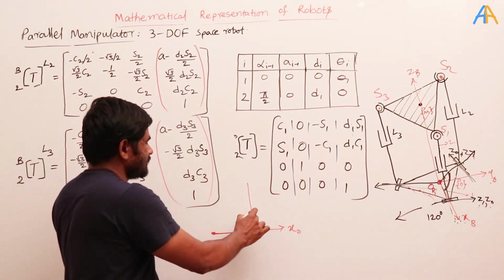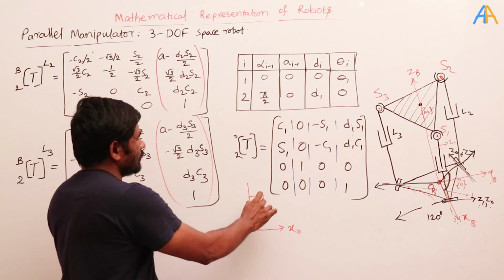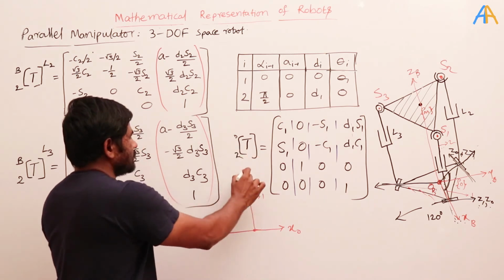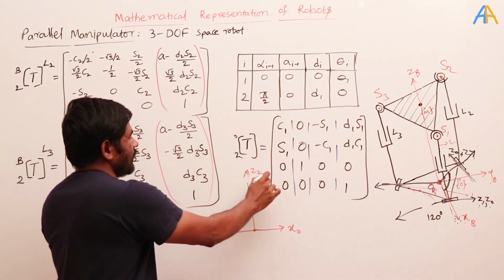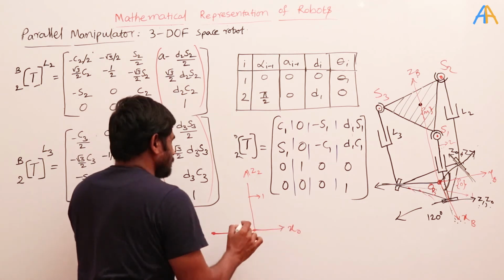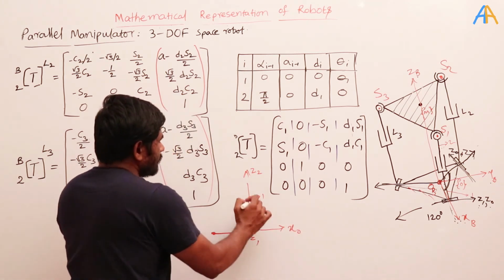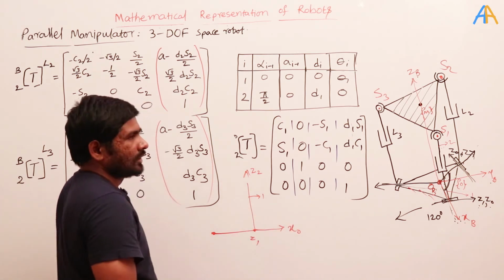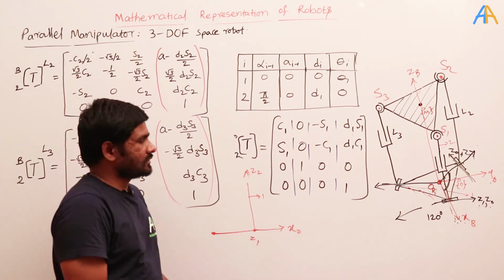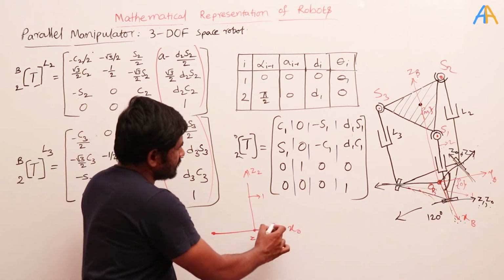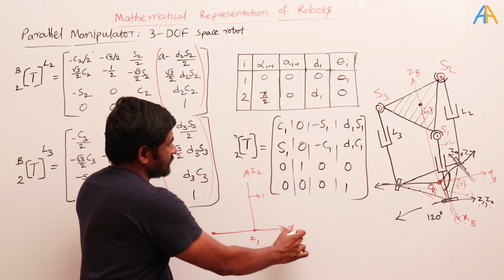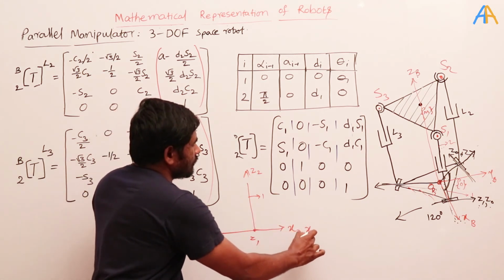For example, this is the link 1, and here this is the z2, and perpendicular to this is z1. The intersection is x1. So in this particular case, when it is 90 degrees, x1 and x0 are coinciding.